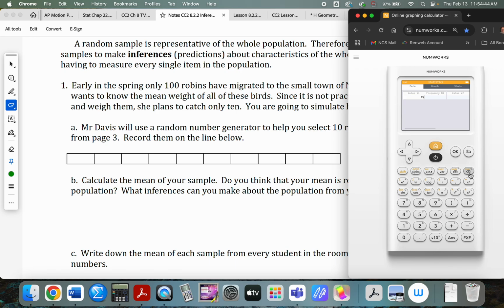65.4 and 75.9. I have mine. 85.1 and 83.3. Thank you. Mr. Johnson, do you have yours? Your two means? My two means are 82.9 and 82. Those are really close together.